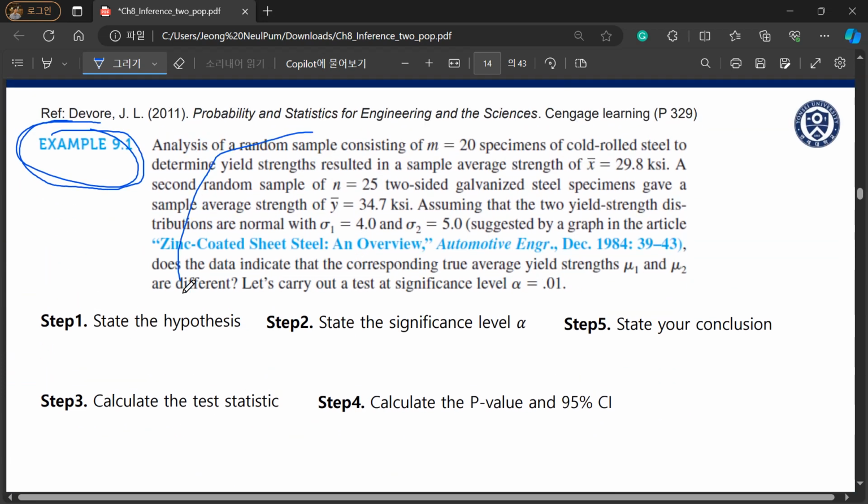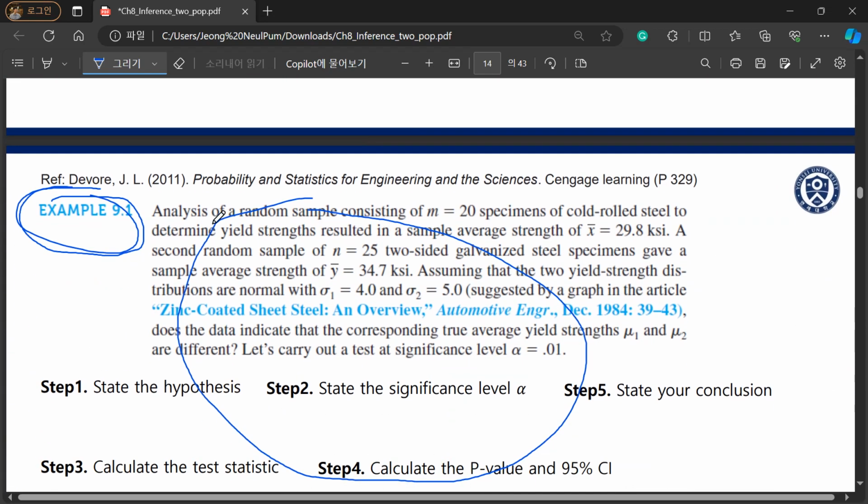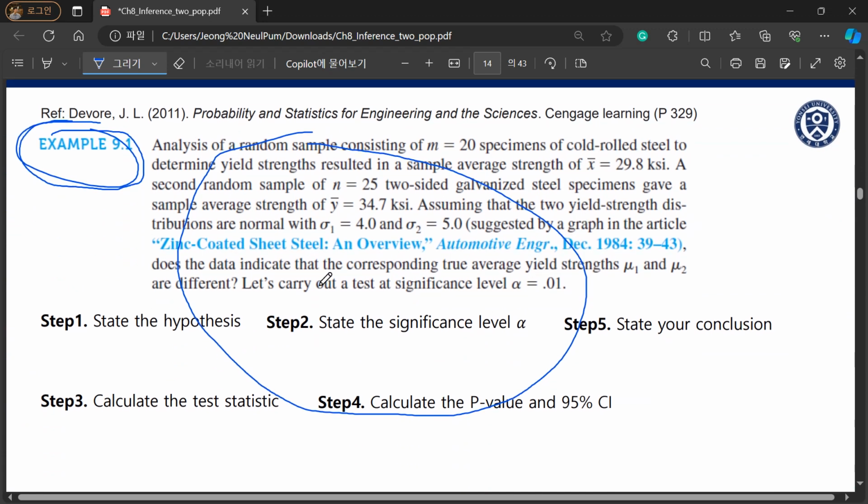And actually the solving process is the same as the previous one. We know that our sample comes from the normal distribution, and we know the variance of each population.